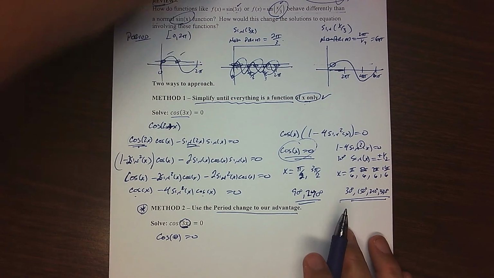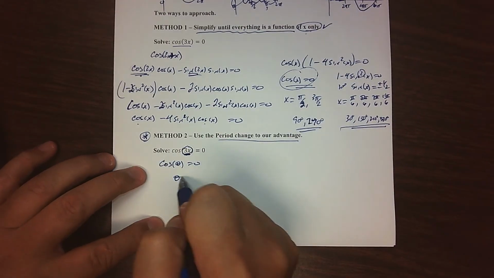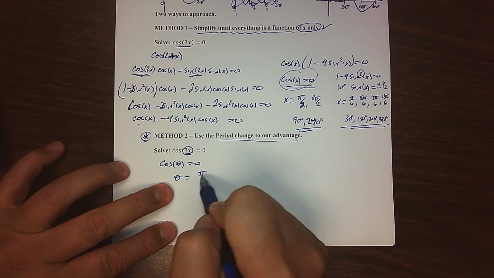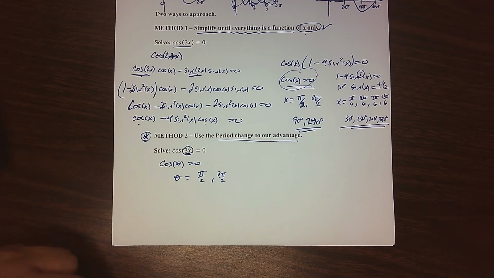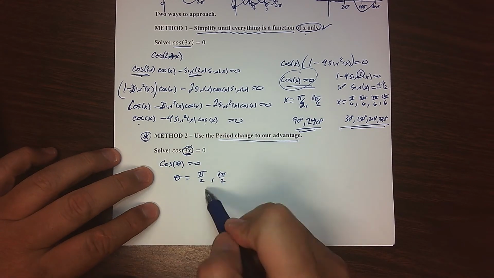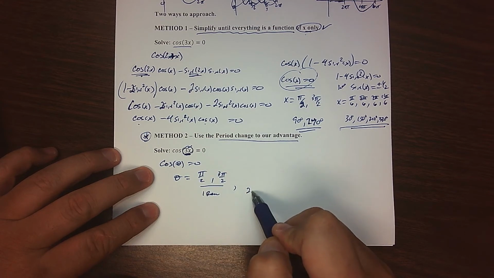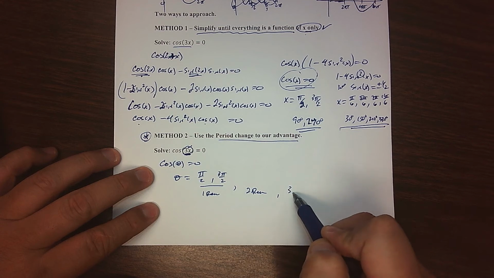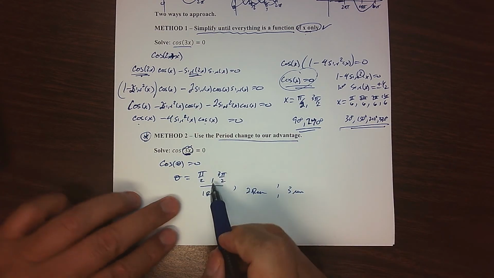Well, in the first rotation, the values of theta that make that happen are pi over 2 and 3 pi over 2 respectively. But since we know this is shortening the period, this is basically in the first rev. Let's go a second rev and a third revolution. So in the first rev we have these.